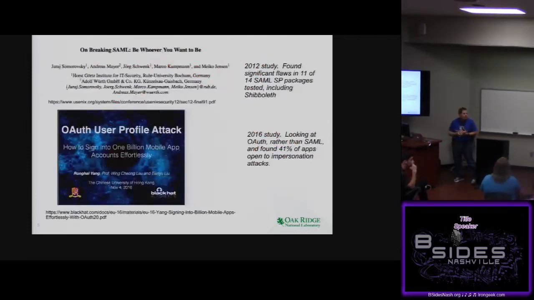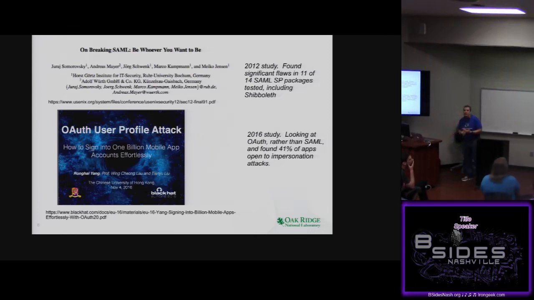What first got my attention was there was a paper published in 2012, the citation is there, that they found a significant number of flaws in 14 different SAML service provider packages, including Shibboleth. That should scare people because Shibboleth is by far and away the most widely used SAML service provider basically by every single university in the country. It is the primary open source provider. Now, Shibboleth has fixed those problems, but that still gets one concerned.